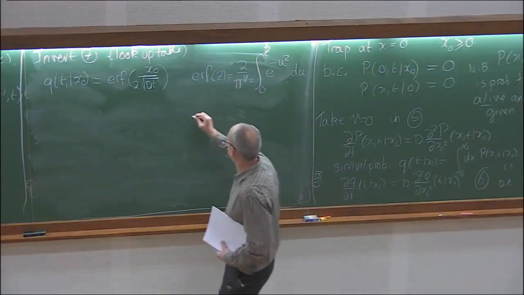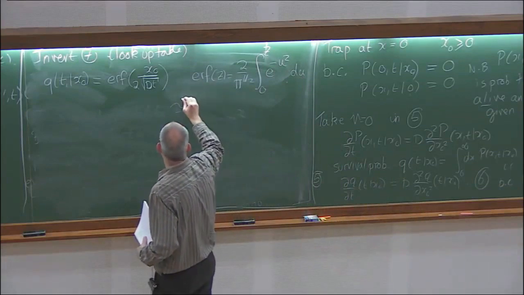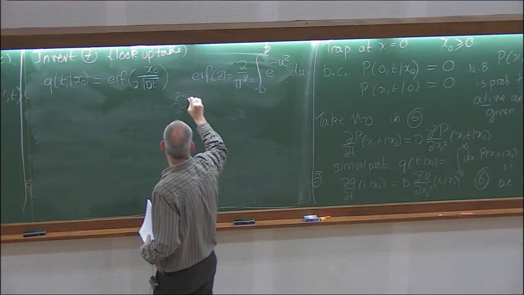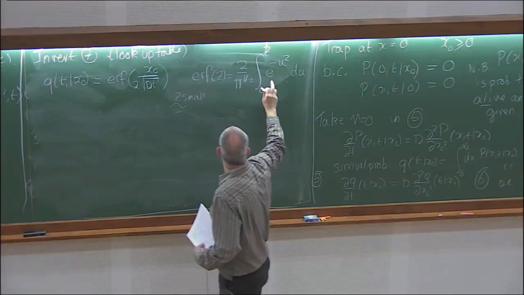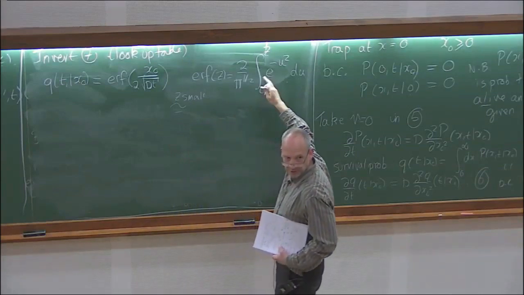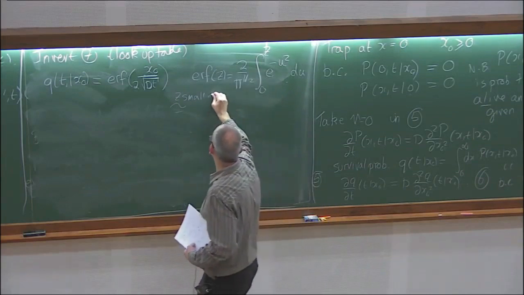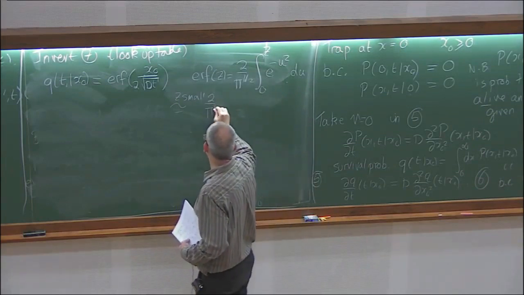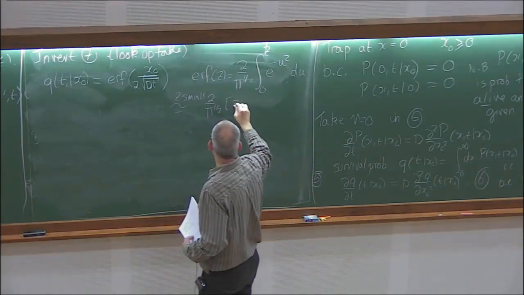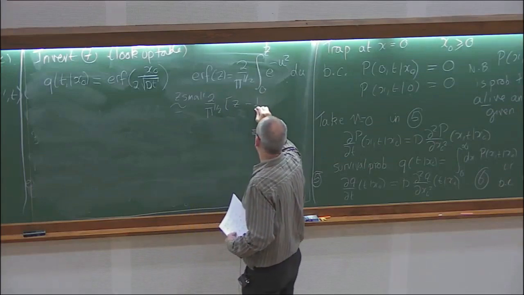So this error function for z small, I expand the exponential, integrate term by term. So I get 1, integrate, I get z. So I get 2 over pi to the half z, and then the next term will be minus a third z cubed, and so on.